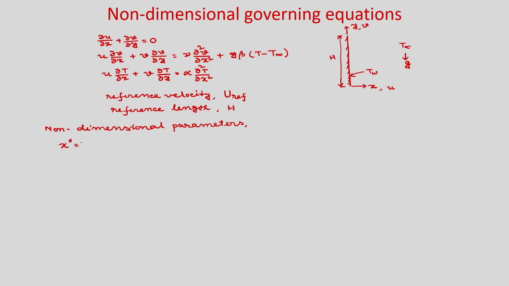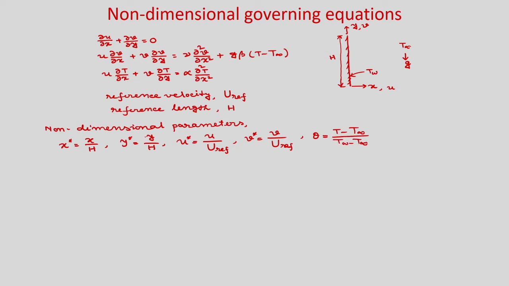X star is the non dimensional x coordinate, x by h, y star is y by h, then u star is u by u reference, v star is v by u reference, then for temperature we will take theta equal to T minus T infinity divided by T w minus T infinity.